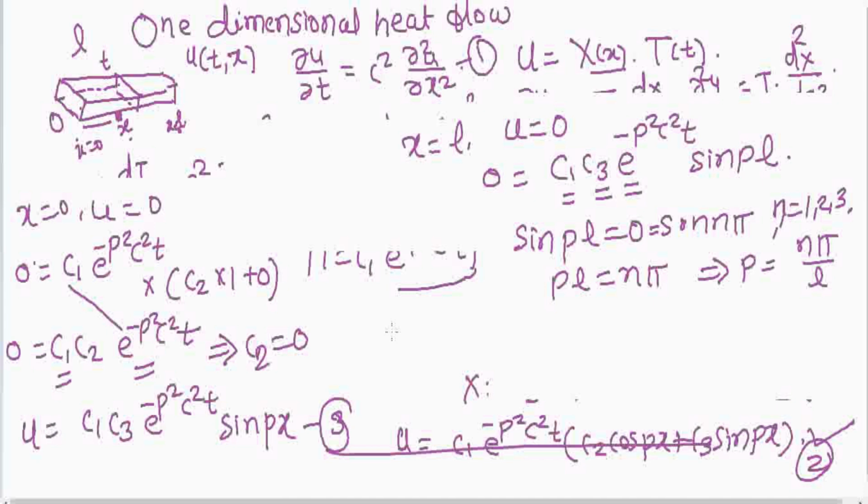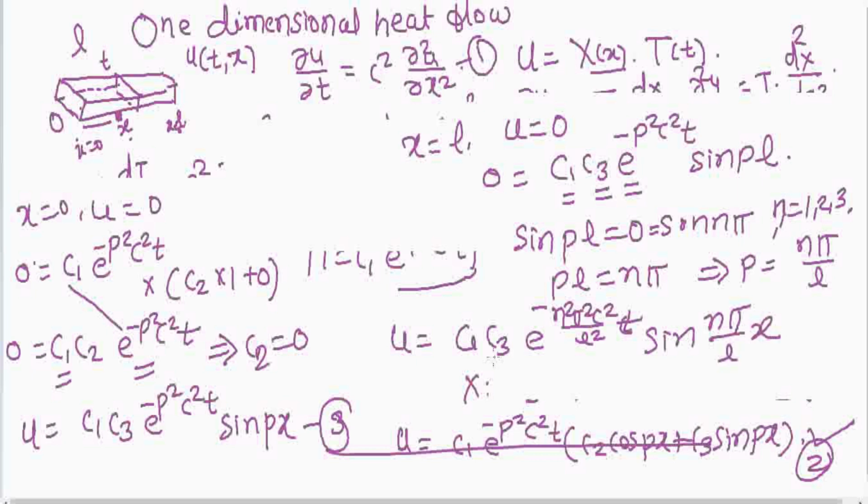Hence equation 3 will be u equal to c1 into c3 into e raised to minus n square pi square c square divided by L square into t into sine of n pi divided by L into x. For this we write the constant as Bn, and as n varies for n equal to 1, 2, 3, and we know that the most general solution is the summation of all the solutions.